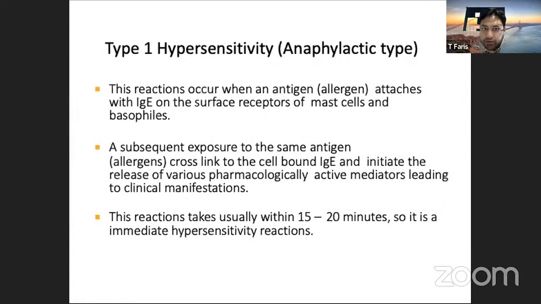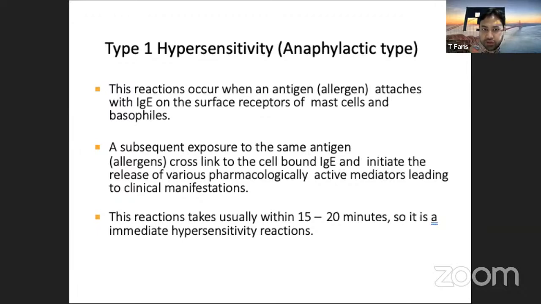For type 1, this is the most common that we can see happen in people. They are all related with histamine production, and this occurs when the antigens or allergens attach with the antibodies, especially the IgE, that is present on the surface receptor of mast cells and basophils.